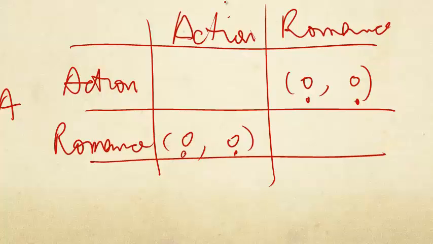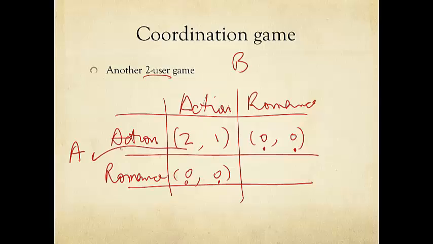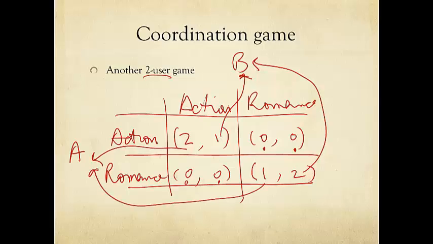Say you prefer action. So if you two both agree on an action movie, then you get 2 units of reward and B only gets 1 unit. And conversely, let's say your friend B likes romance movies more than action movies, so if the outcome is going to see a romance movie, then B gets 2 and you get 1.